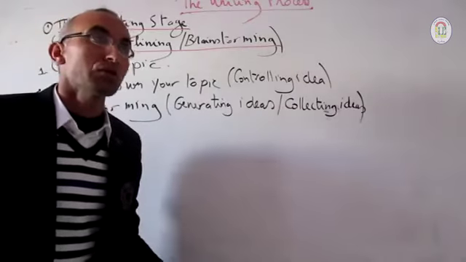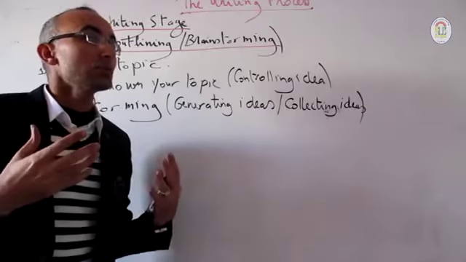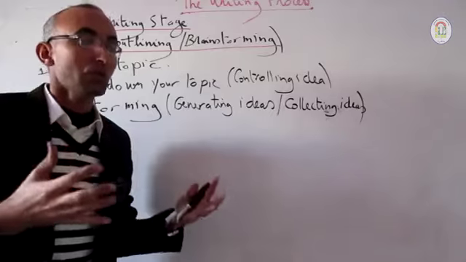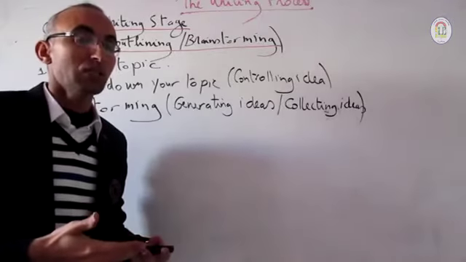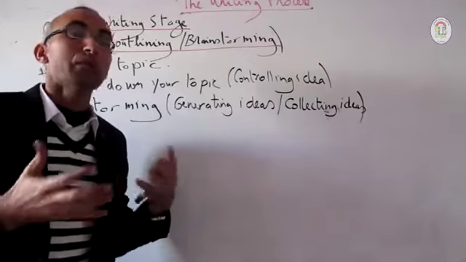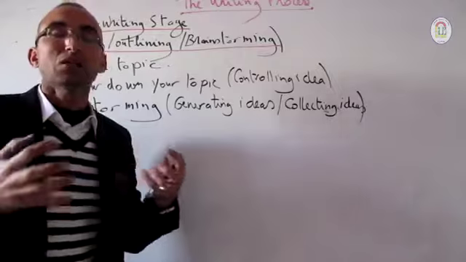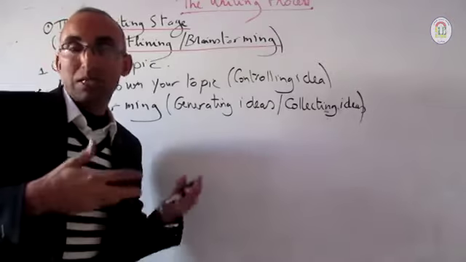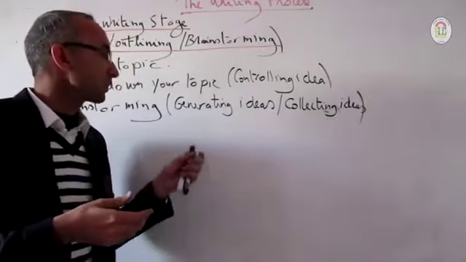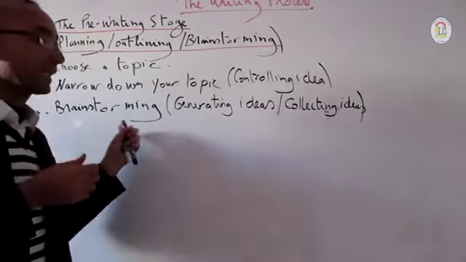I would like to collect them and write them down on my rough paper. Here, of course, there are many ways or strategies I can follow, use and adopt in my brainstorming step.